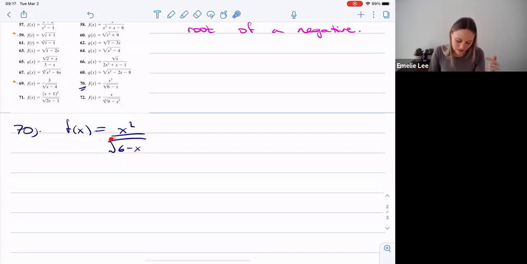But because this square root is in the denominator, I can just add the restriction that this square root can't be 0. In general, I can take the square root of 6 minus 6, because the square root of 0 is 0. But in this particular case, I want to exclude the 0 from my domain.